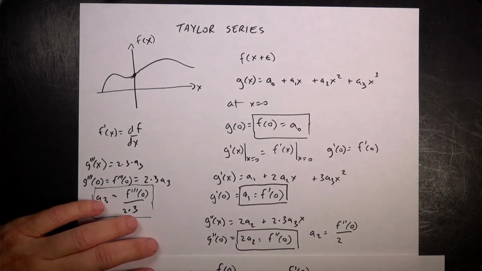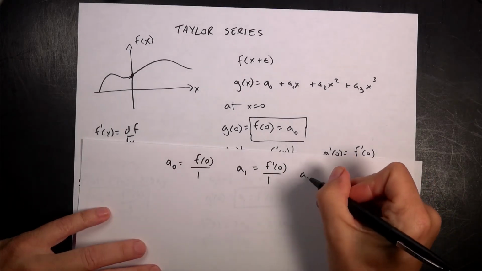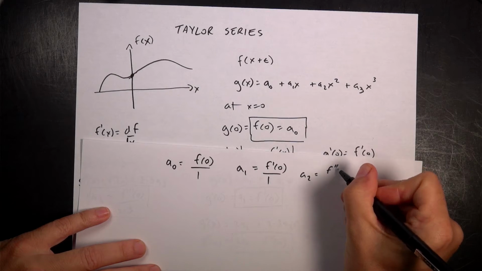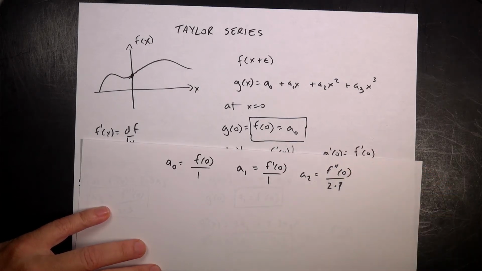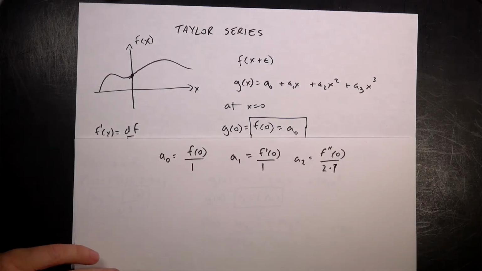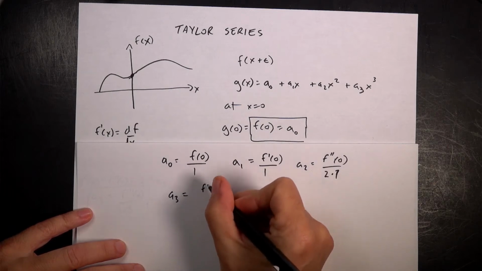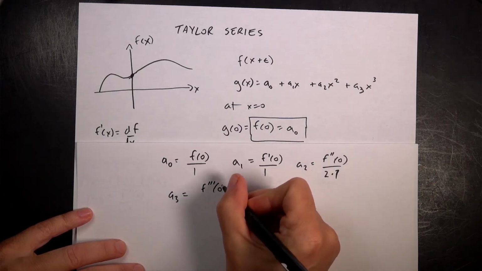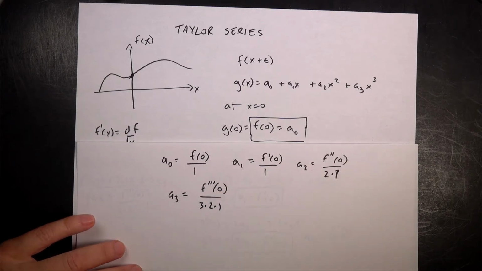And then I can write a2 as f double prime 0 over 2 times 1. 2 times 1 is 2. Yeah, and you think, why would you do that? Okay, well, maybe you can see. a3 is going to be f triple prime of 0 over 3 times 2 times 1.